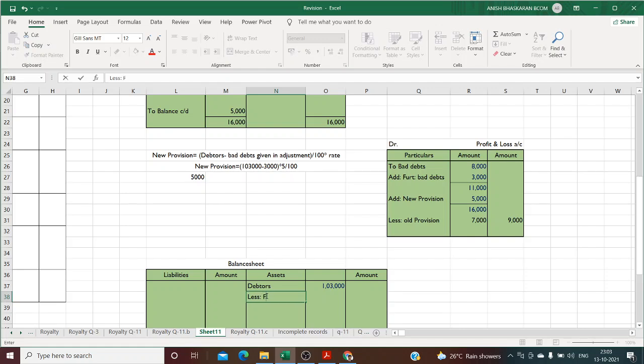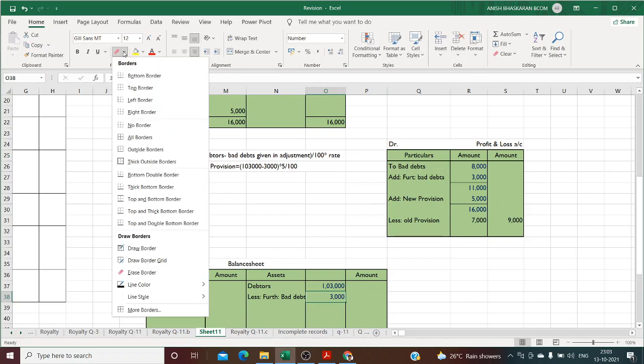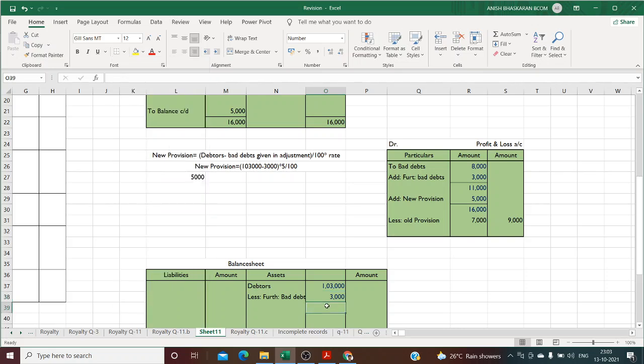Less further bad debts, 3,000. Amount will be 1 lakh.